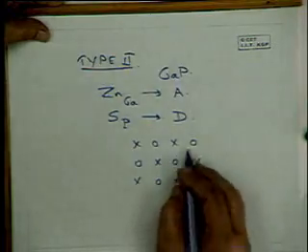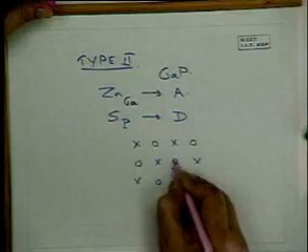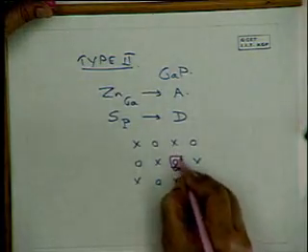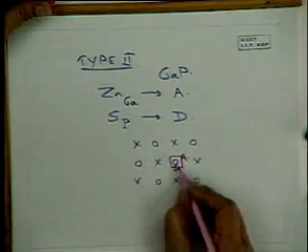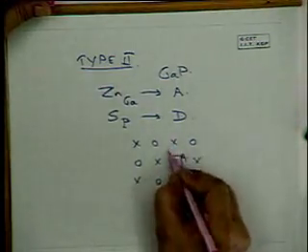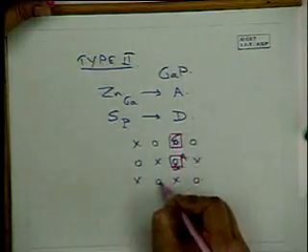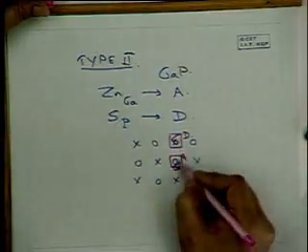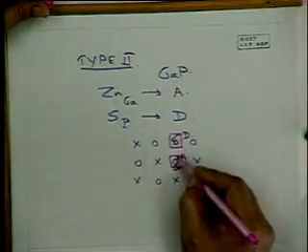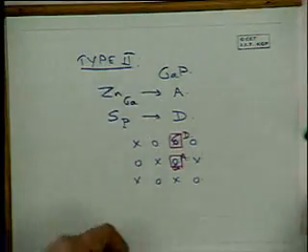Zinc sitting on, this is, say, gallium site. So zinc sitting on gallium site gives you an acceptor. And sulfur can sit here on the phosphorus site, okay, gives you a donor. So the donor-acceptor distances here will be different from that in the type 1 case.